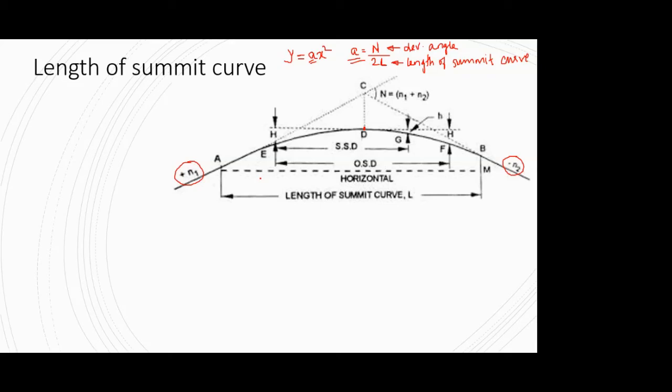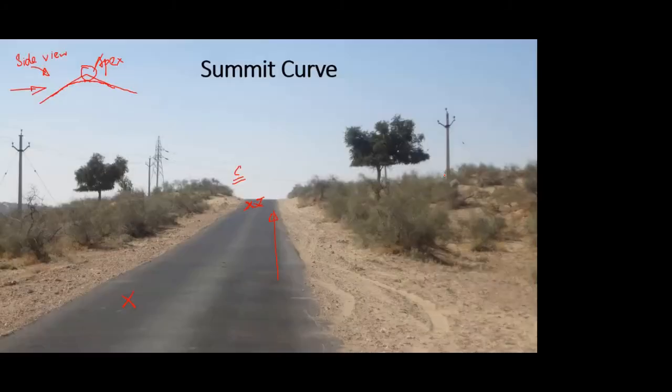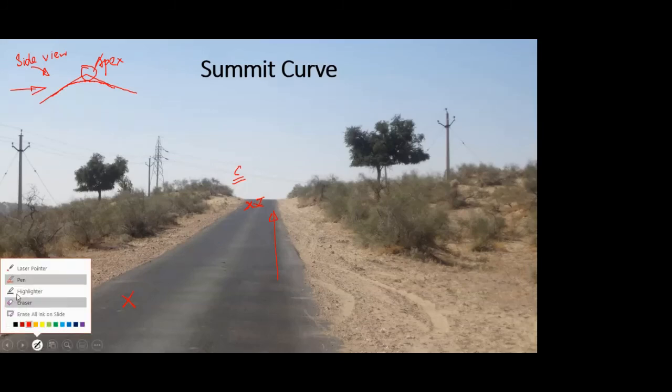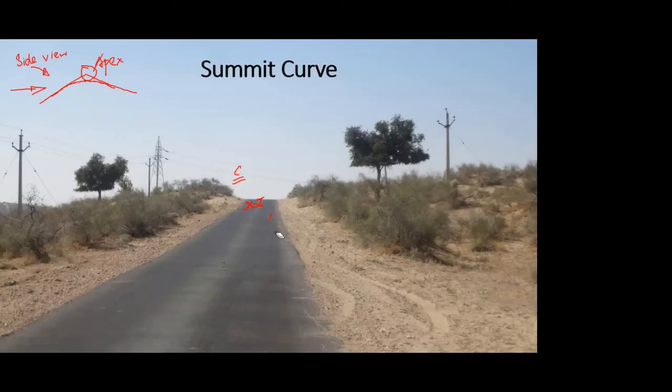Okay. Now, what do you think is the important parameter in deciding whether I will be able to see the objects on the other side of the curve or not? Okay. So what I am asking is, if I give you this example, suppose this is the actual curve that we are thinking about, and you are the driver and you are driving on this vertical curve.